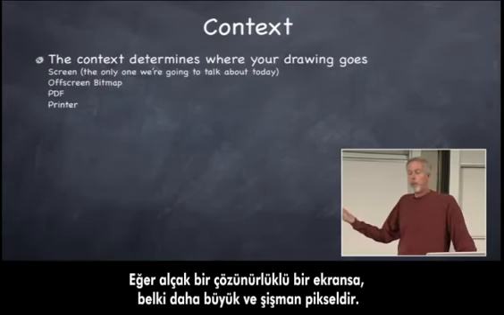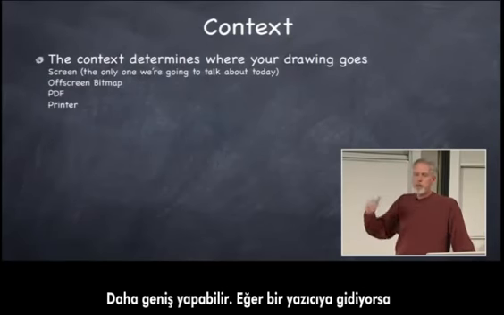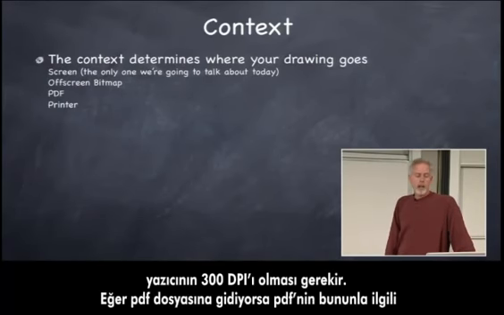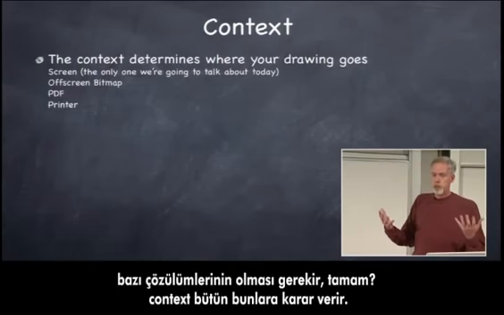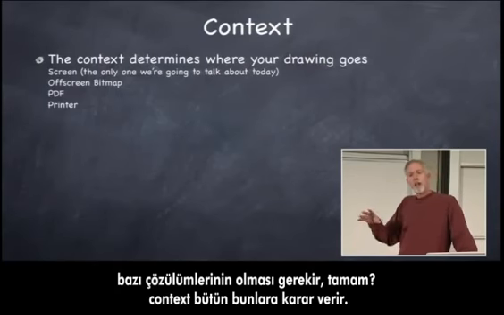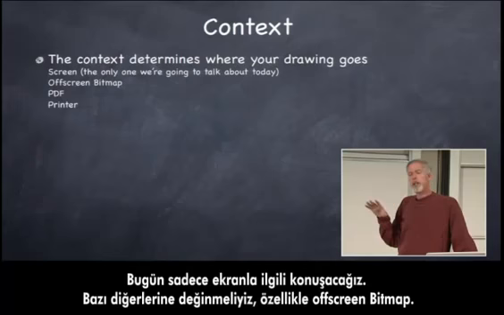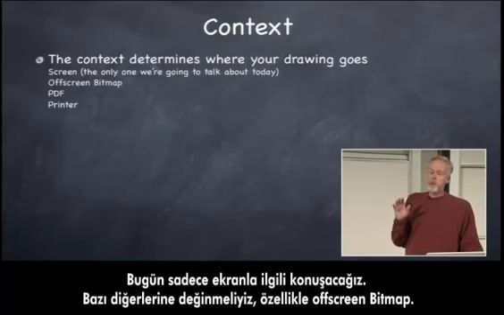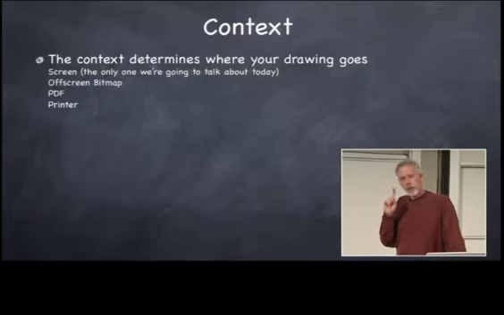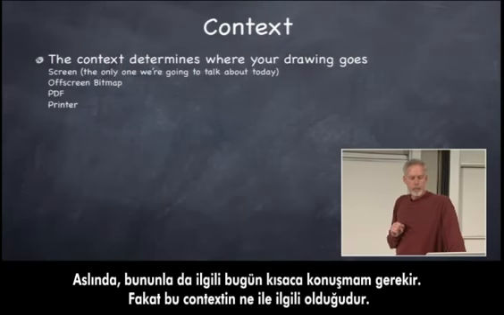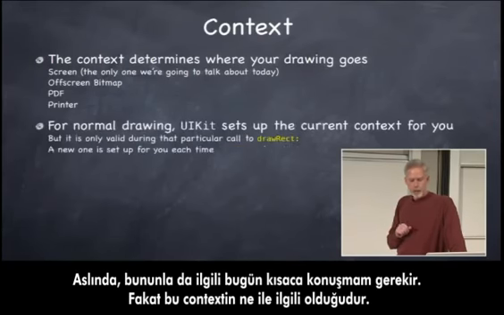If it's going to a printer, the printer might have 300 dpi or who knows what. If it's going to a PDF file, the PDF file will have some resolution associated with it. Okay, so the context determines which of those things. Now, we're only going to talk about the screen today. We might touch on some of these other ones, especially off-screen bitmap. Actually, I'm going to talk about that briefly today too. But that's what context is about.